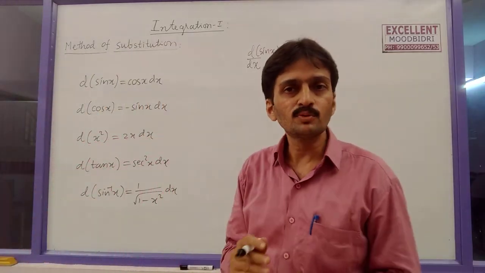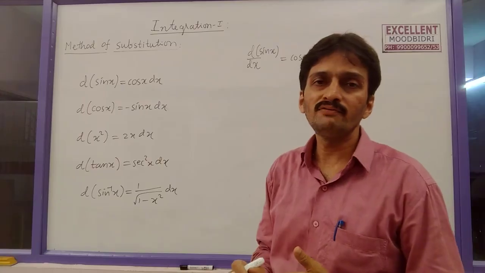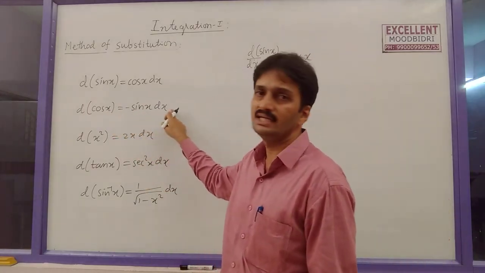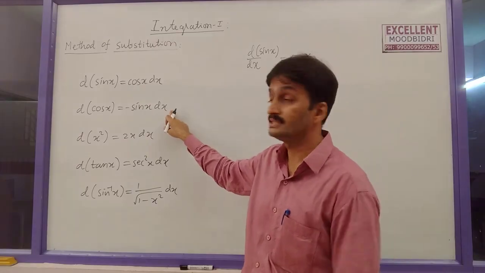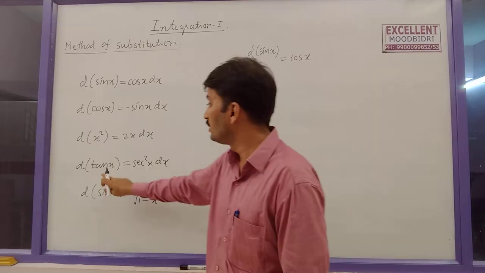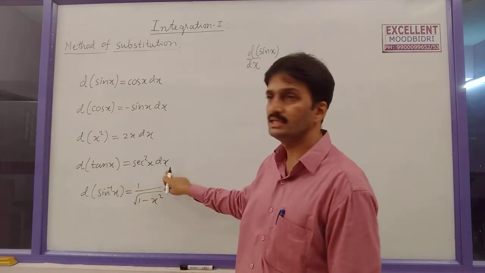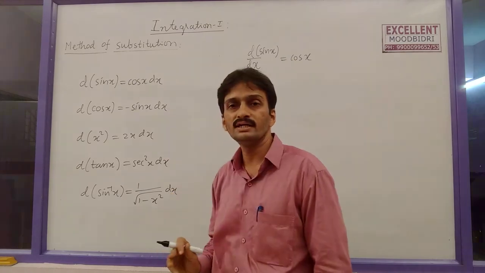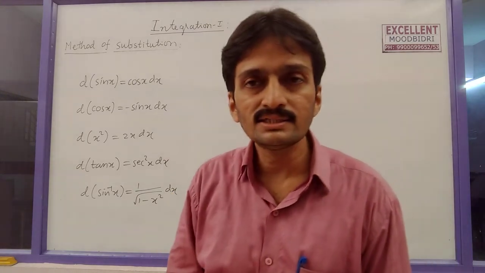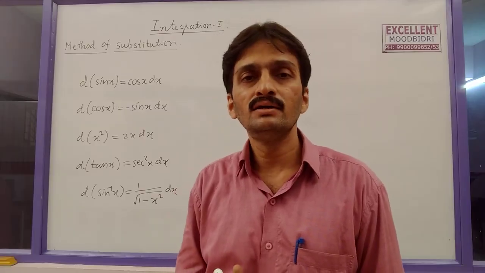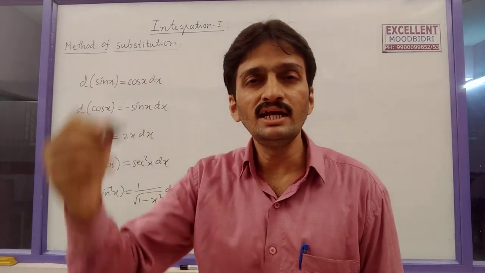If you know derivatives properly, it is not difficult to write the differential on the spot. d of cos x is minus sin x dx, because the derivative of cos x is minus sin x. What is d of x square? 2x dx. d of tan x is secant square x dx. d of sin inverse x is 1 by root of 1 minus x square dx. If you practice this while solving problems in CT, you can avoid making substitutions and writing all the steps.